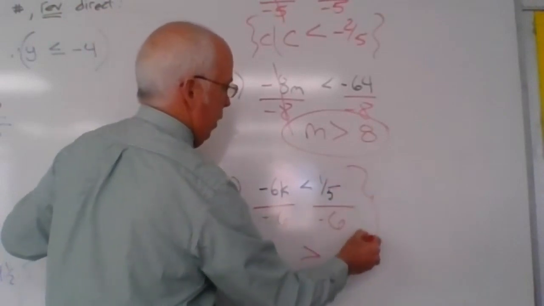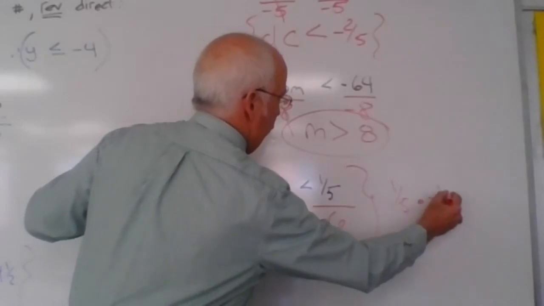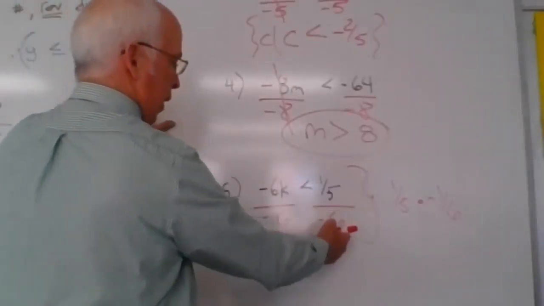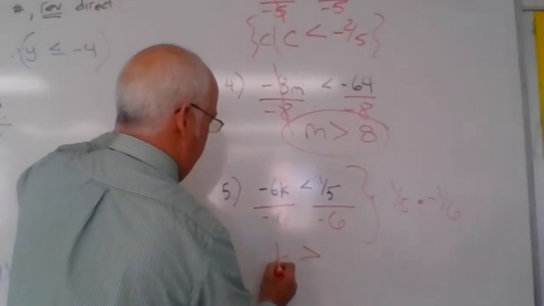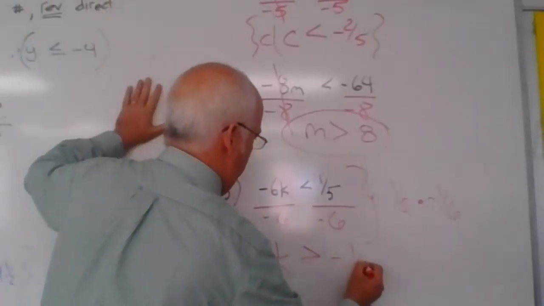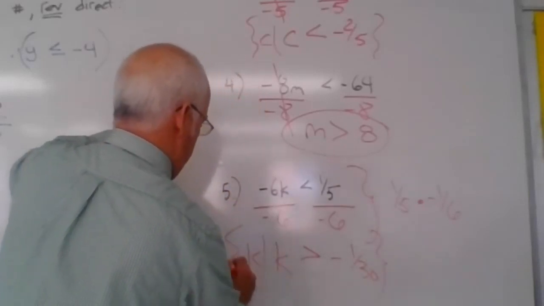So this is the same as 1/5 times -1/6. It's asking to divide 1/5 by -6. So now that becomes k is greater than -1/30. I'll put it in solution set format.